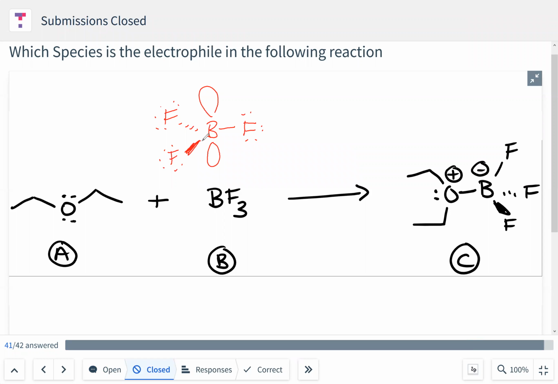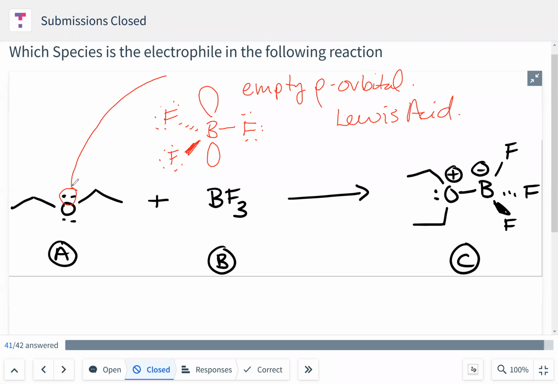So when it forms a molecule, when it's with fluorines, it has got an empty p orbital, which makes BF3 a Lewis acid. And so in this reaction, basically our oxygen is going to donate its electrons into that empty p orbital to form our complex over here.